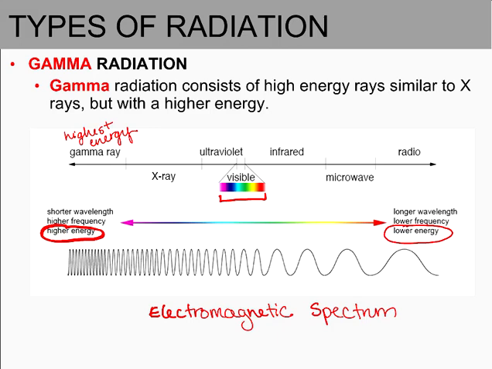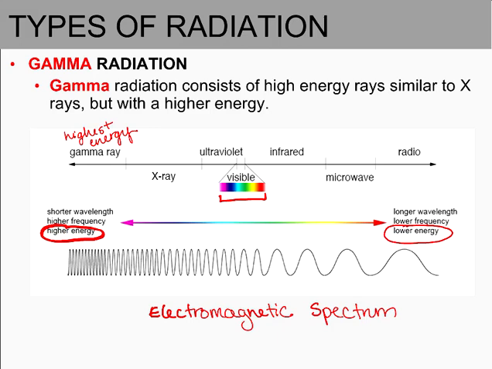Now, X-rays are just below gamma rays, and if you've ever gone to the dentist and gotten X-rays done for your teeth, they'll often put a heavy mat on top of you, and that's to block any X-rays from penetrating into your body, and it's really to prevent your organs from being exposed to X-rays for too long.